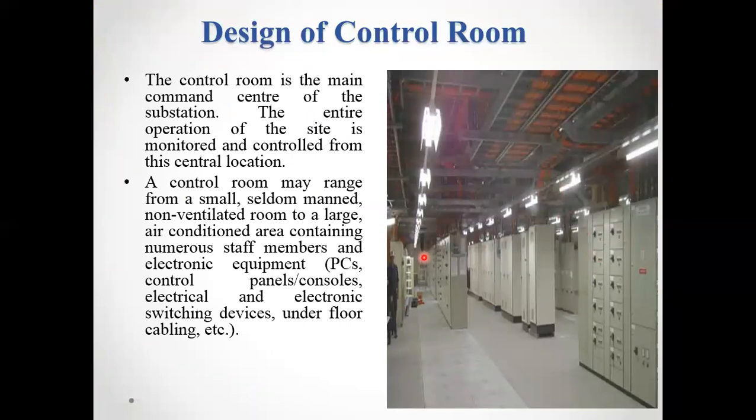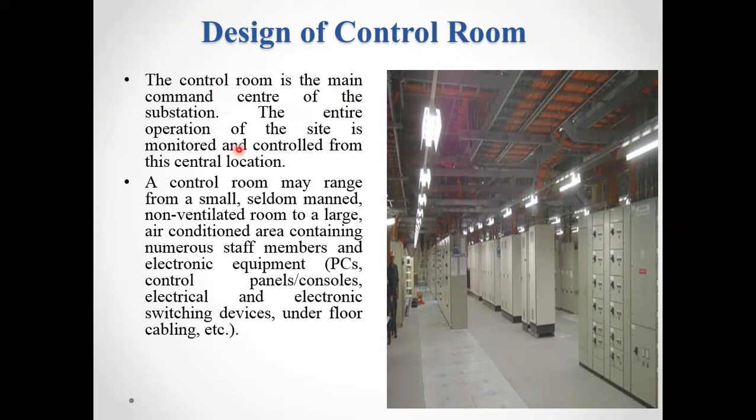So the control room will consist of so many panels, relays, all that. Okay, so what is the control room? It is the main command center of the substation, that is the grid substation.